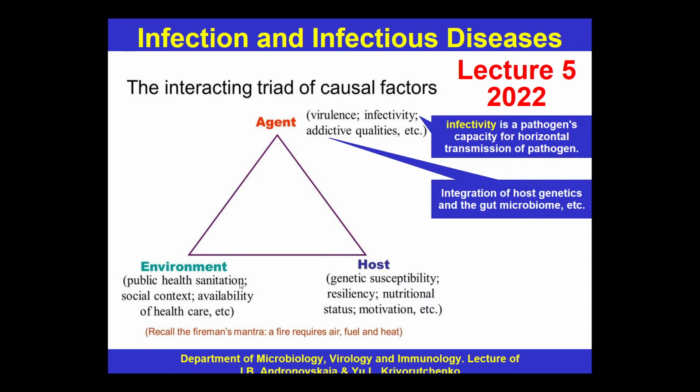Now we know that we live in the conditions of the pandemic of coronavirus infection. Public health sanitation may minimize chances of the coronaviruses being spread in the human host population, because of mask wearing and vaccination. These things, public health sanitation and availability of healthcare, may influence the spreading of the disease.